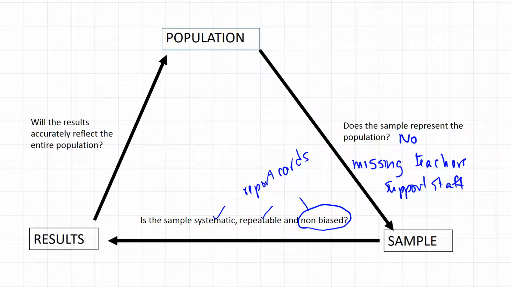They're not going to be included in the sample. So if you get the results from the survey, will the results accurately reflect the entire population? No, because the sample was not representative and there was a bit of favoritism.